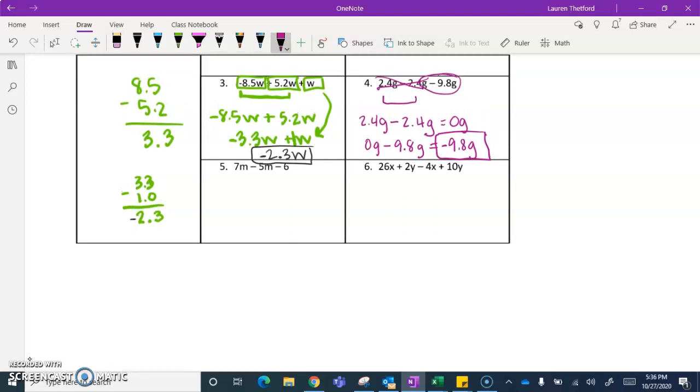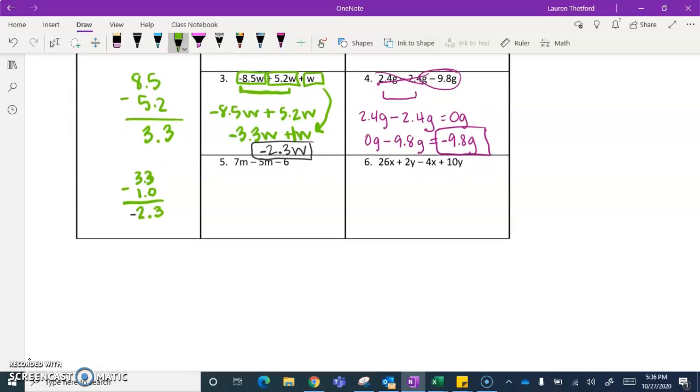All right, number 5. Box and circle: everything with an M, and then we circle everything without an M. We have 7 minus 5, which is just 2M. Then we bring down what's left over, and since that doesn't have a like term, we don't add it to anything.